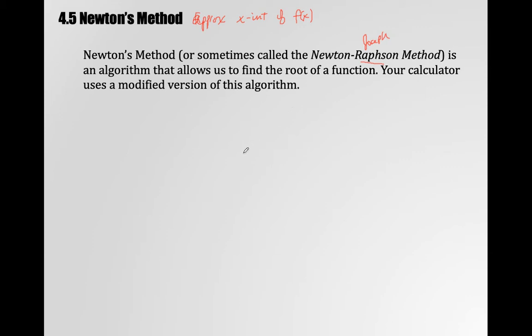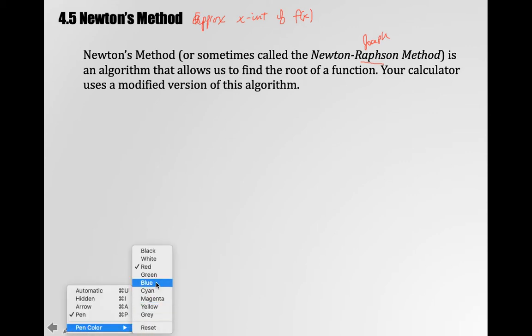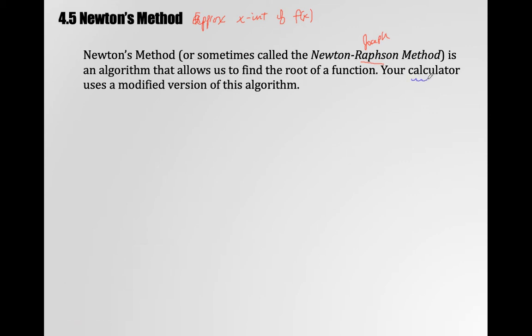But anyway, this is well before calculators came into existence. People were approximating, right? And your calculator is just approximating the zero of functions. Calculators and computers have only been around for a little while, so there had to be a way to approximate intercepts that you couldn't find by factoring and solving prior to the calculator.